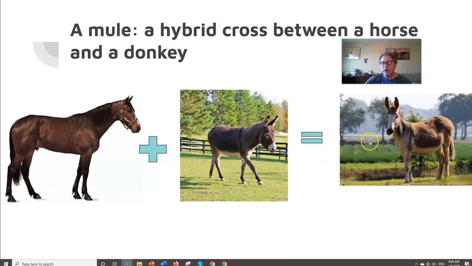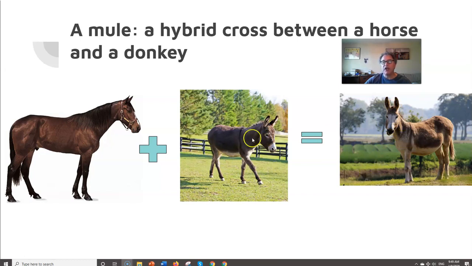It's larger than a donkey because a horse is much larger, but it's not as large as a horse because it's half donkey. You can see it has donkey-like ears, but a longer horse-like face. It's a weird animal. It's a hybrid cross.